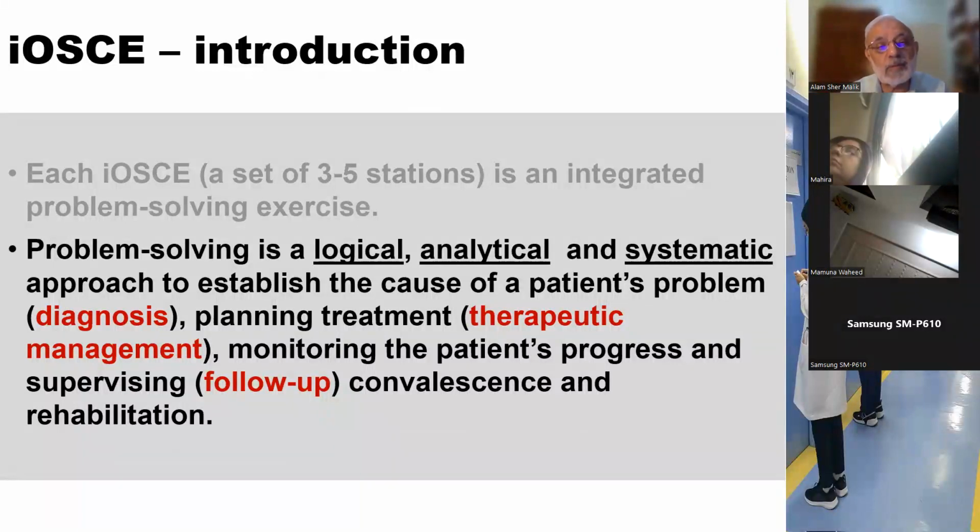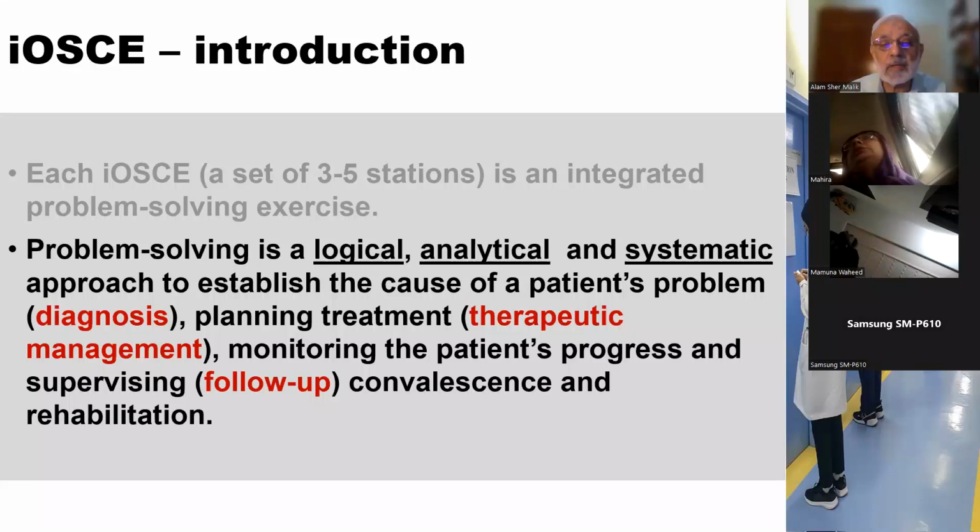And we know that problem solving is a logical, analytical, and systematic approach to establish the cause of patient's problem, that is the diagnosis, planning treatment, that's the therapeutic management, monitoring the patient's progress and supervising the follow-up, convalescence, and rehabilitation. This means that by using integrated OSCE, we can assess all these attributes that leads to a holistic assessment of a candidate.